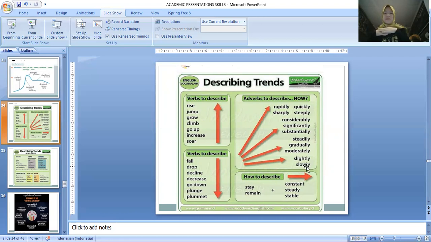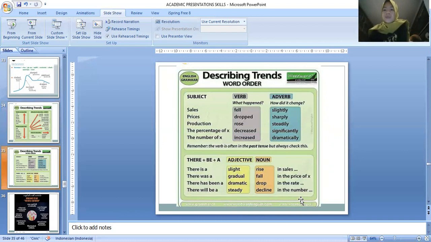Yeah, but it decreases slightly, so only here. It increases steadily, it increases considerably, it increases quickly. Okay, and then how to describe stable? You can say it remains constant, it remains steady, or it stays stable. Yeah.